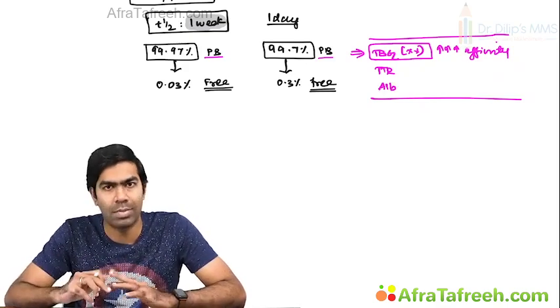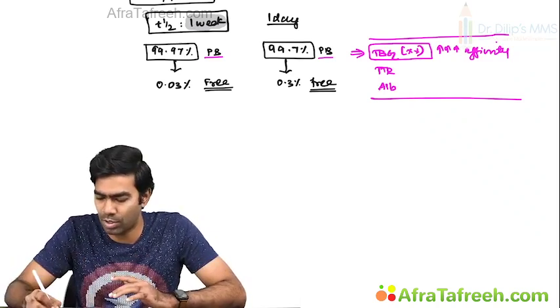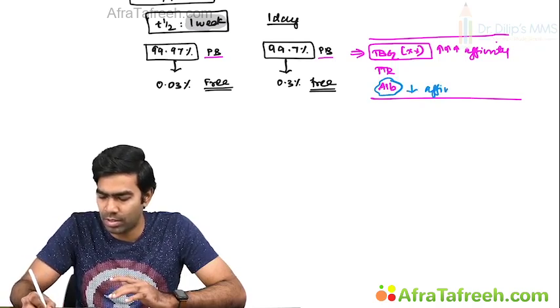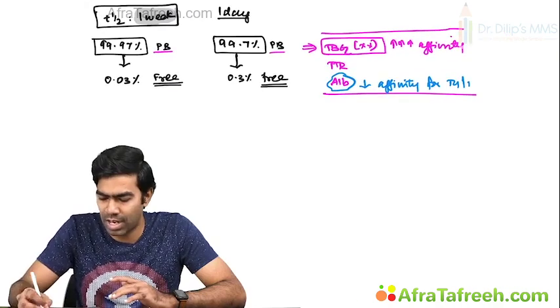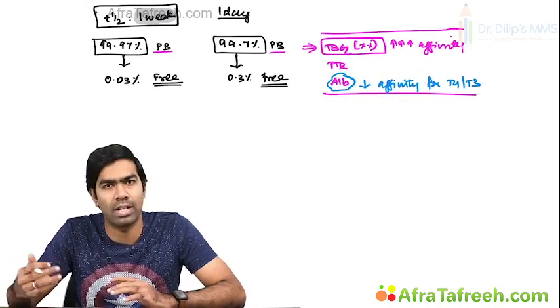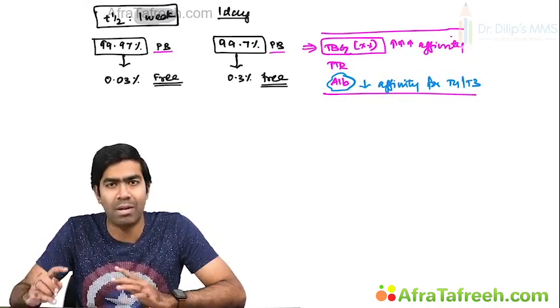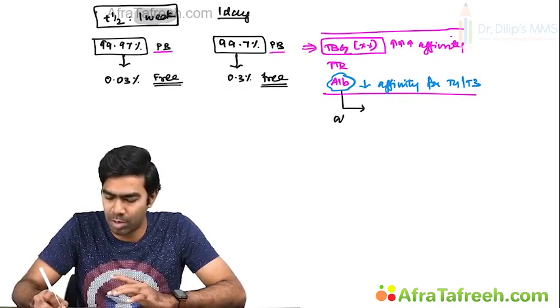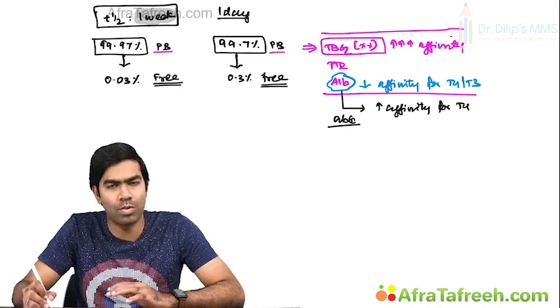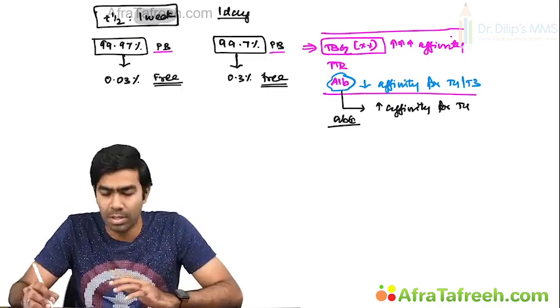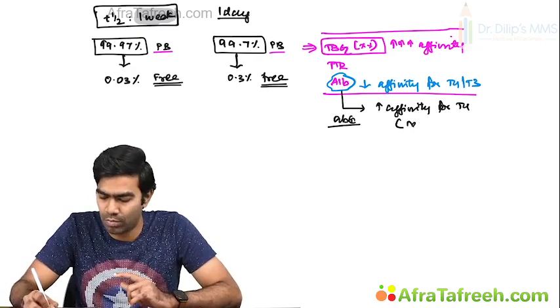So not now. But at the same time, you also have to understand, I told you albumin in general has lower affinity for T4. This is normal. Lower affinity for T4 and T3. There are certain conditions which I will be discussing for sure in the later half of the session, where albumin will have increased affinity, abnormal increased affinity for T4, but not for T3. Increased affinity for T4, almost similar to that of TBG, but not for T3.